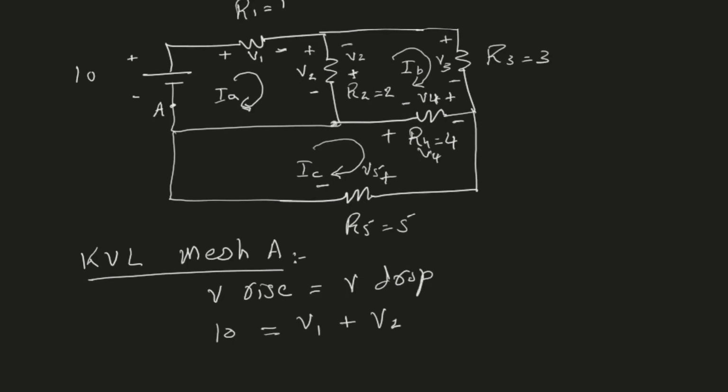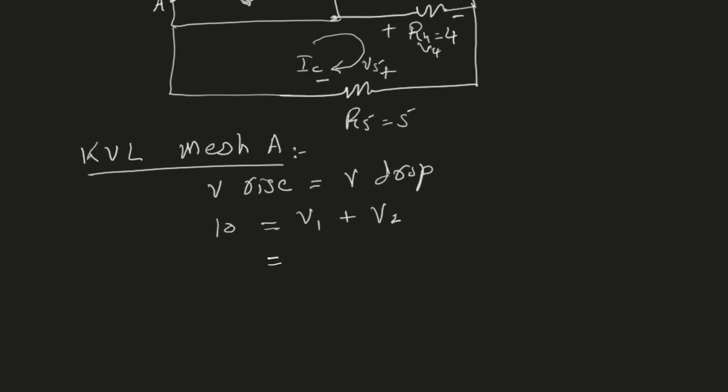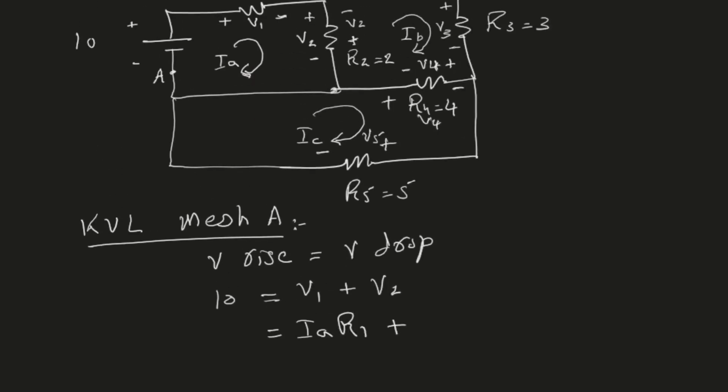Now the next step is to convert these voltages to currents, because we want equations in the form of currents, IA, IB, IC, so that we can then solve these equations to find the currents. V1 is simple. By Ohm's law, V1 is the product of the current and resistance, so it is IA times R1. Now V2, for me, is a voltage drop. Remember, I'm assuming this polarity, and I'm saying that this is a voltage drop.